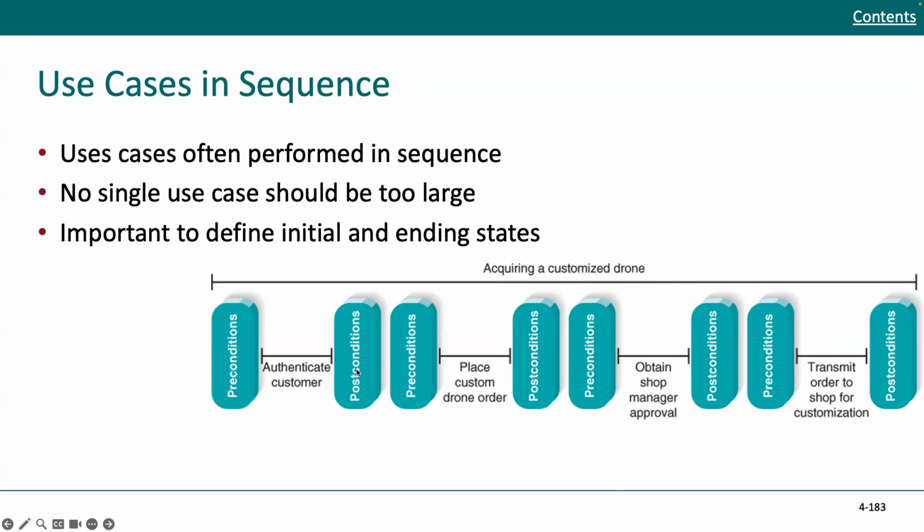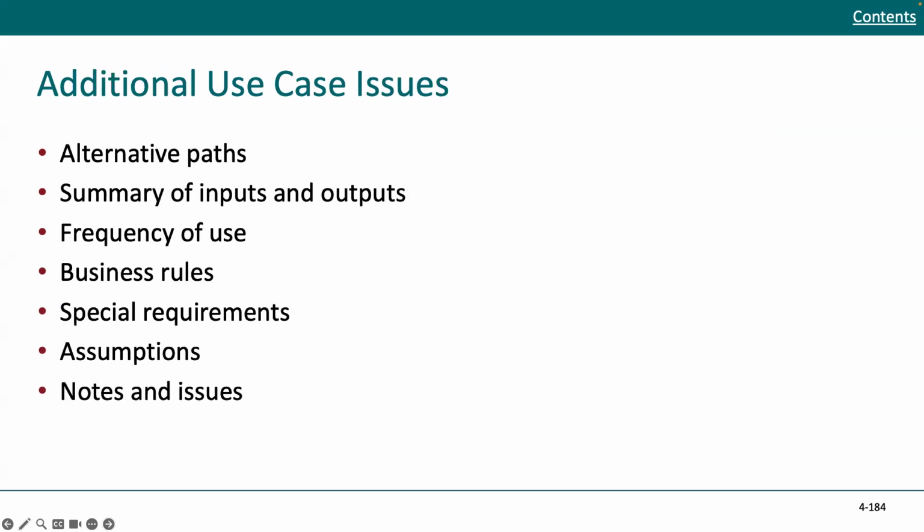So you have this precondition, normal, post condition, and it's going to the next one. So authenticate, place the order, take approval, and transmit the order. So those are all the things that we've put together in a daisy chain of 4 different use cases laid out in that way.